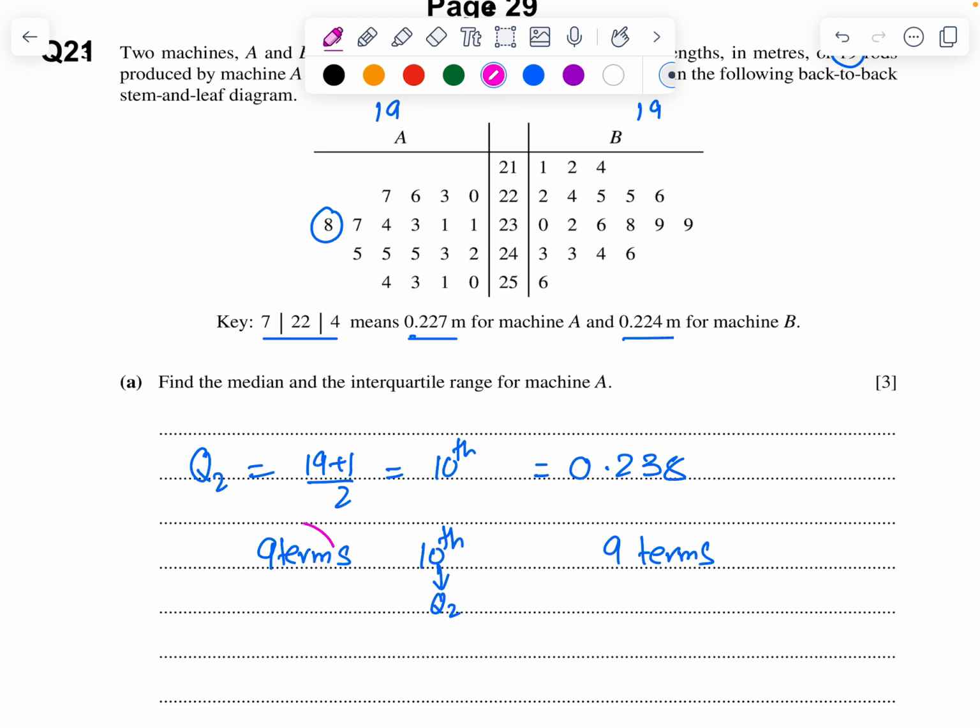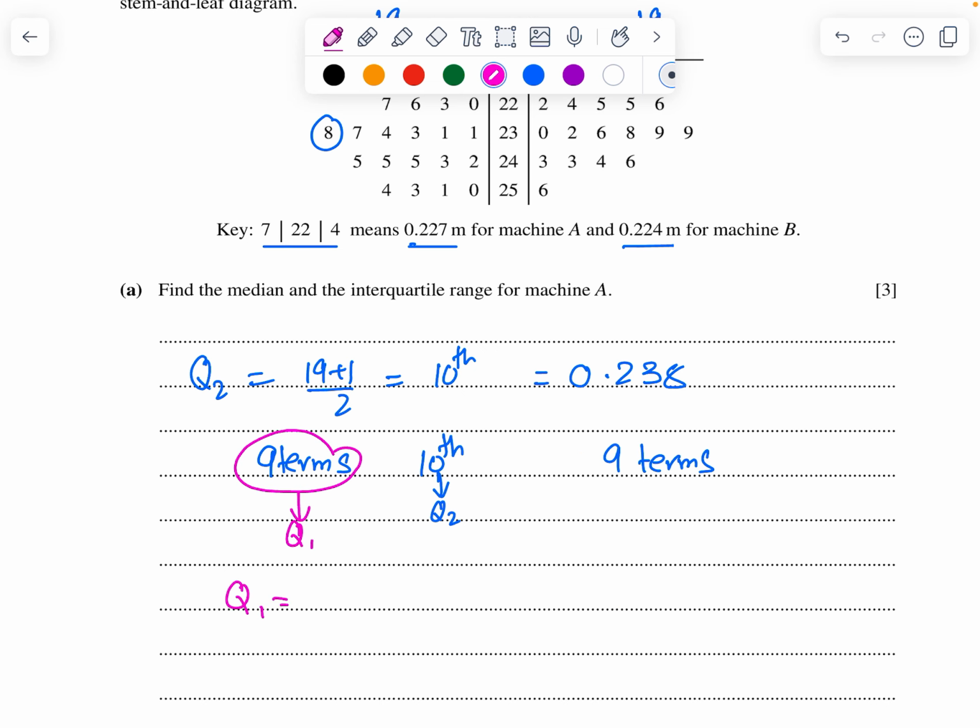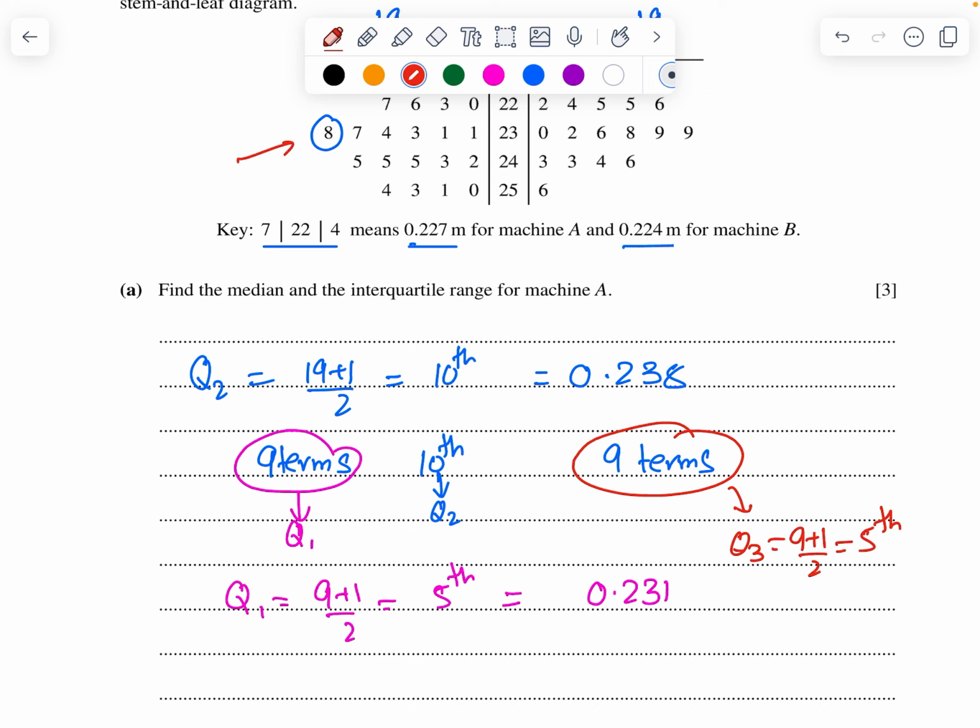Now the middle point of these 9 terms is going to be my Q1. So Q1 will be 9 plus 1 divided by 2, which is the 5th term. What is that 5th term? It is going to be 0.231. Similarly, 9 terms are there, so Q3 will again be the 5th term from Q2: 1, 2, 3, 4, 5.